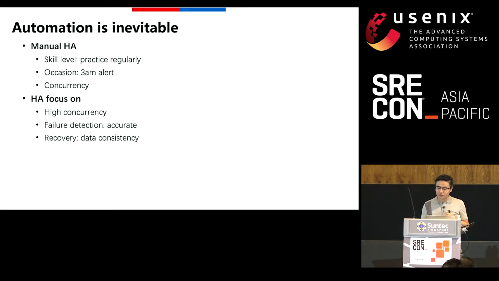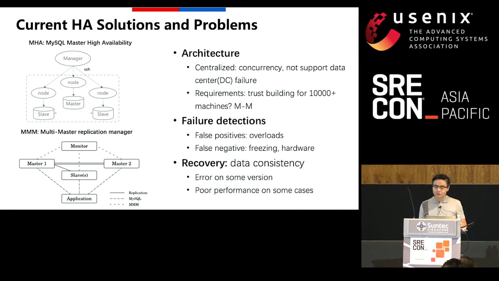On the recovery, MHA has a relatively complete solution to ensure data consistency, but it is incorrect on earlier MySQL versions. What's more, they just use dumped SQL files and transmit them to other slaves to execute. So it needs a trust relationship to be built between machines.